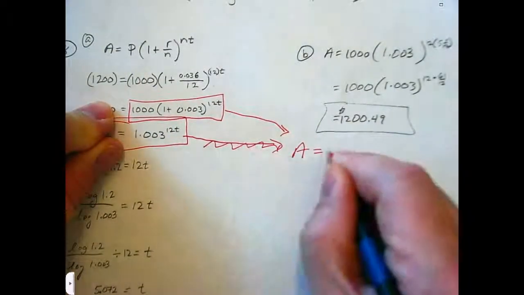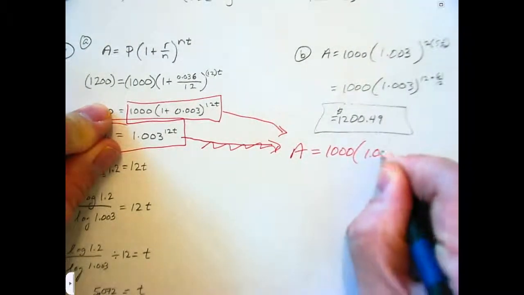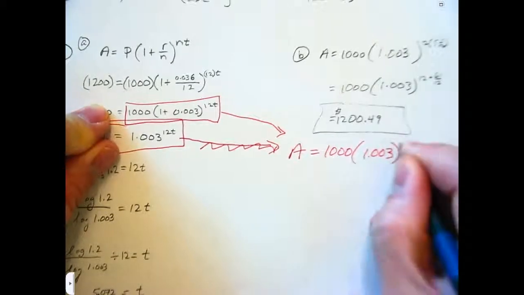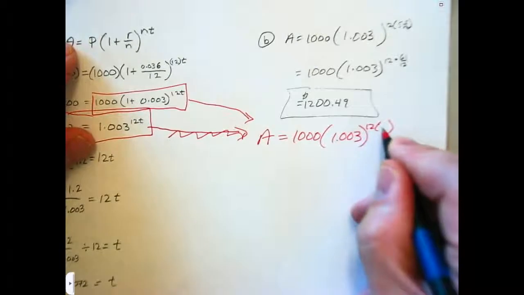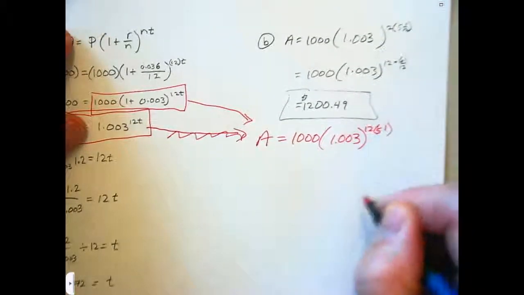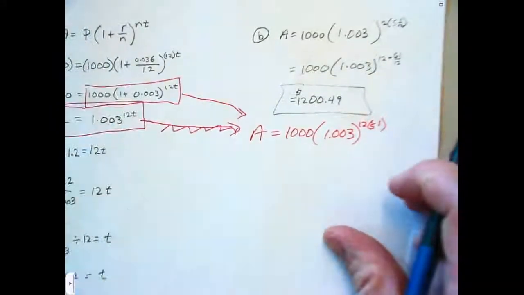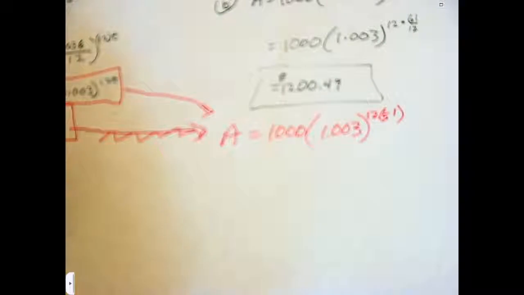1,000, that's our principal, times 1.003 to the 12t. Now t is the 5 years, 1 month. Now how do I write 1 month in terms of years? Yeah, it's 1/12, right?